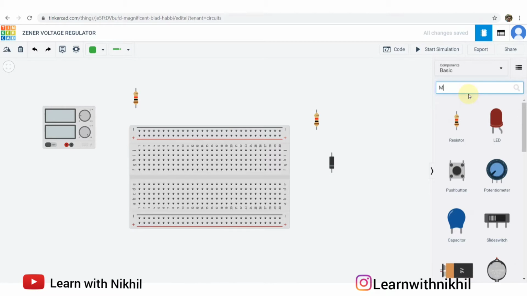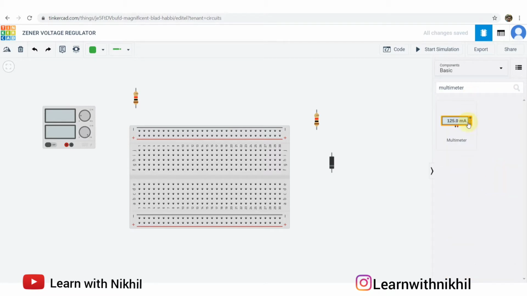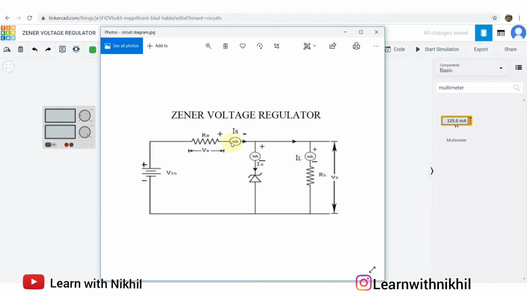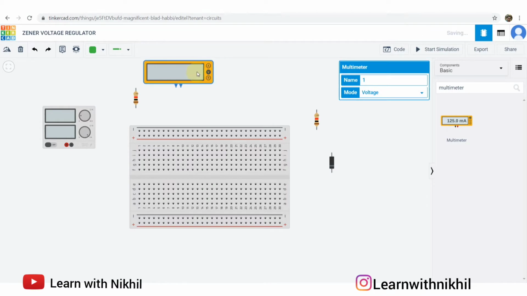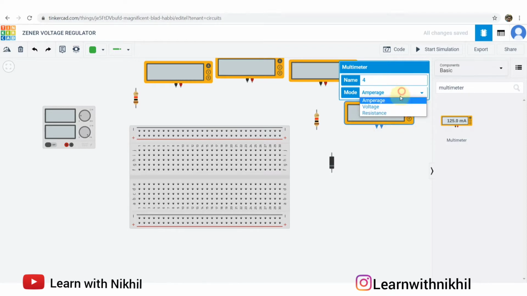We'll require a multimeter to measure the ampere and the voltage. So we'll require 3 milliammeters, and you will require one voltmeter for measuring the output voltage. So I'll convert this into ampere. We'll require 3 milliammeters and 1 voltmeter.